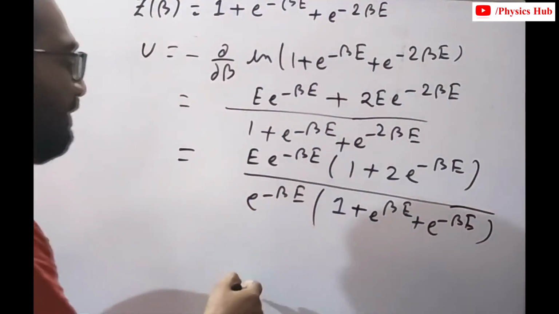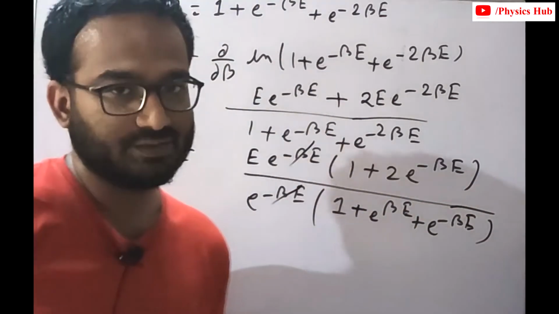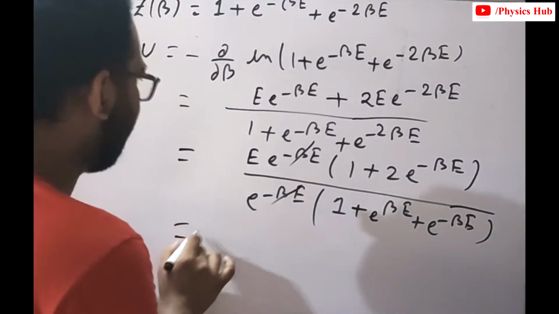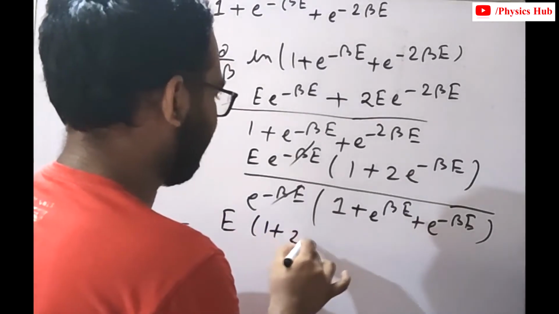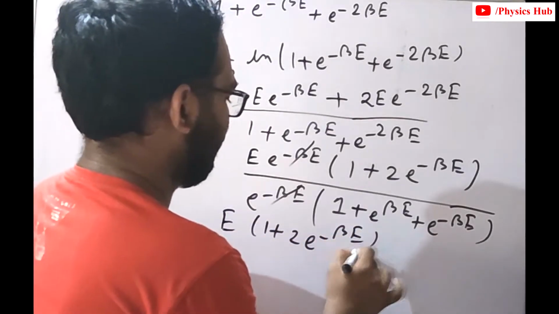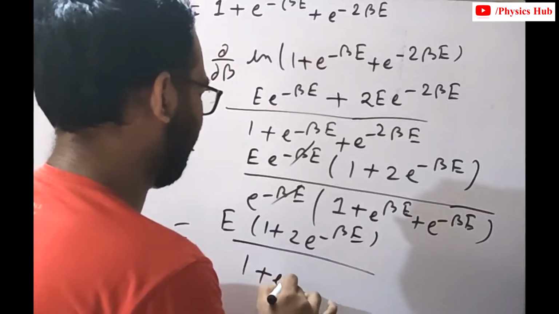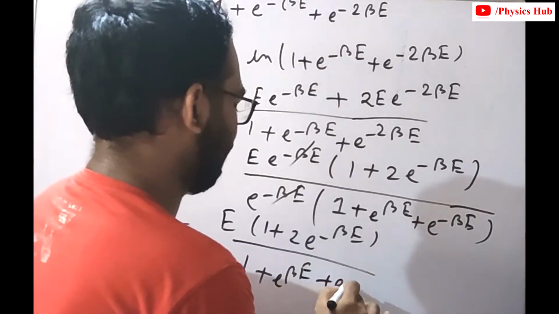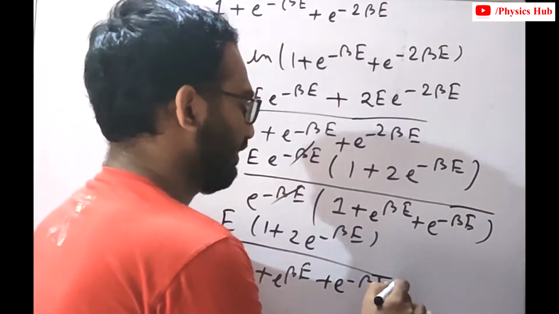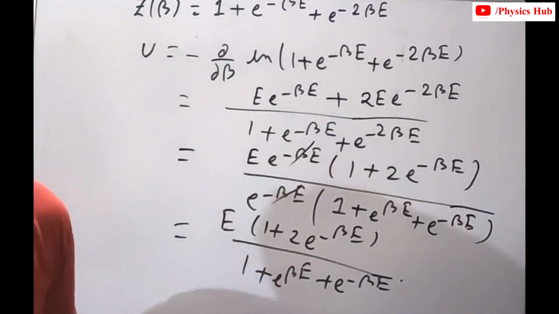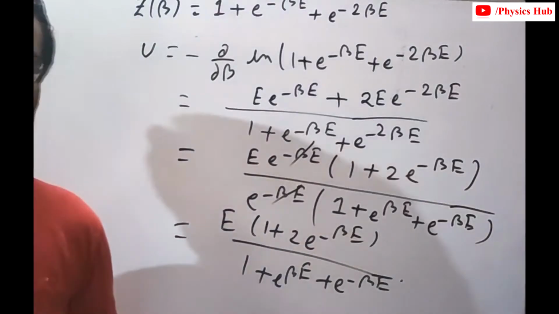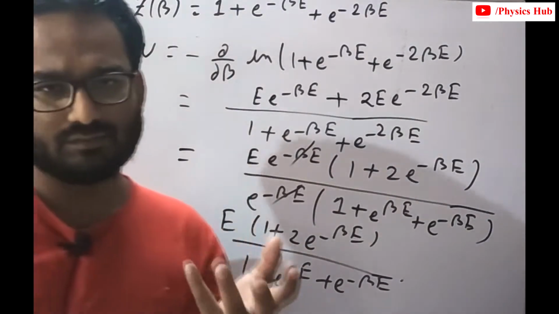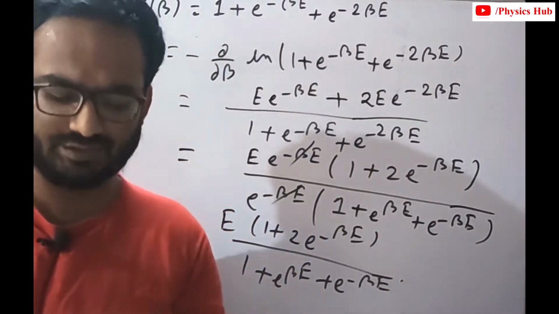So this e to the power minus beta E cancels from the denominator and numerator. Your ultimate expression for the internal energy is E times 1 plus twice e to the power minus beta E, divided by 1 plus e to the power plus beta E plus e to the power minus beta E. The problem is very simple, but the calculation is a little lengthy, and you have to cope with it. Sometimes you are given lengthy calculation questions, so you have to be acquainted with it.